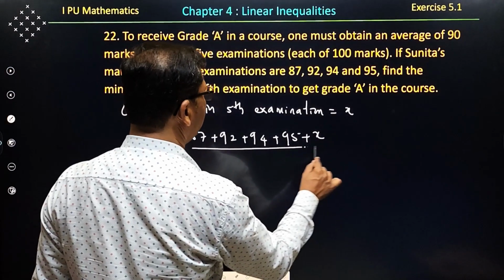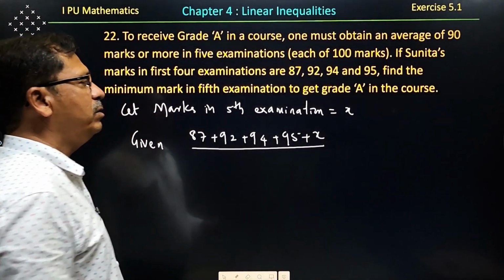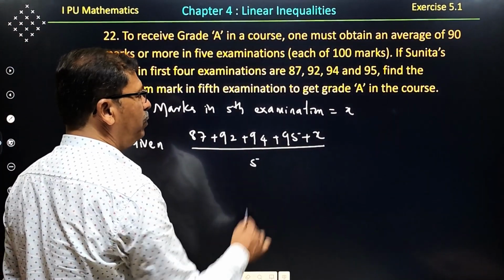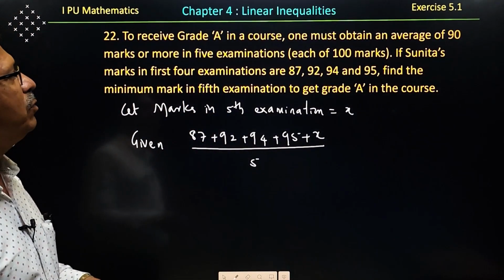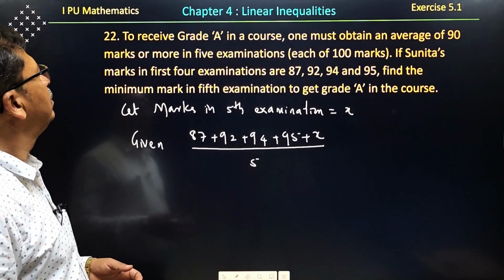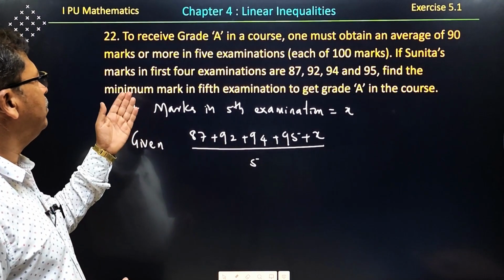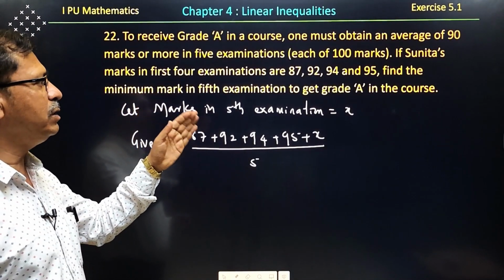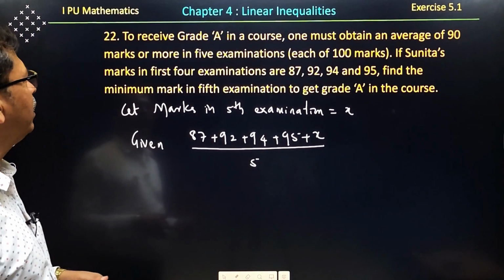Let us divide it by 5, since 1, 2, 3, 4, 5 tests are there. See what data he has given. If Sunita's marks in the first 4 examinations are known, you will find the minimum marks in the 5th examination to get grade A in the course. Okay.